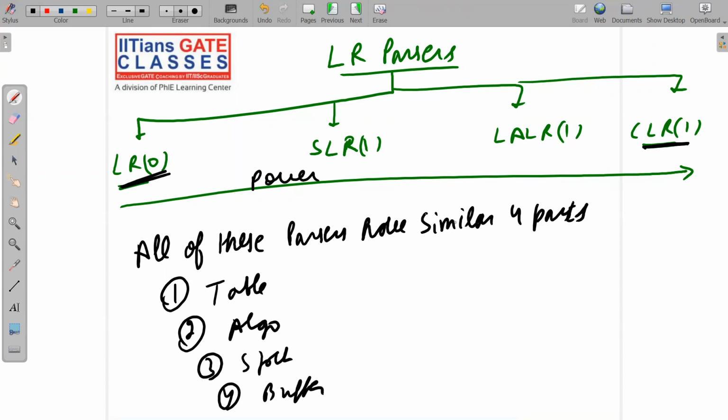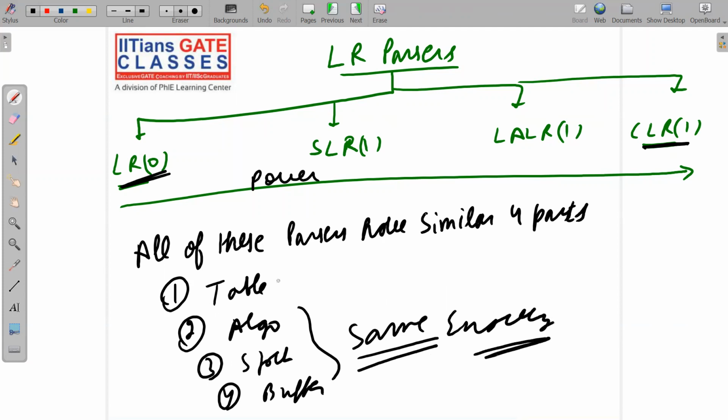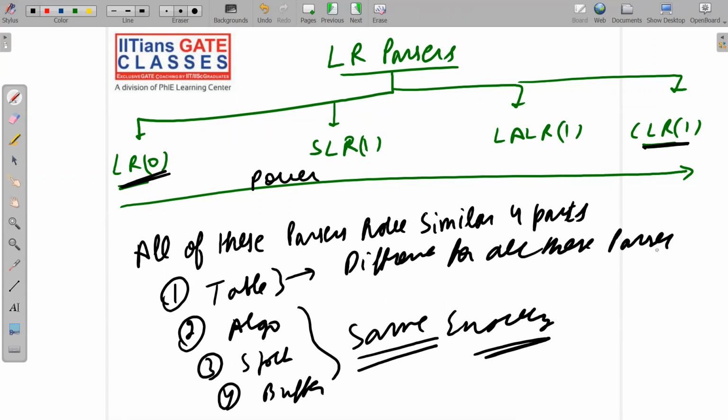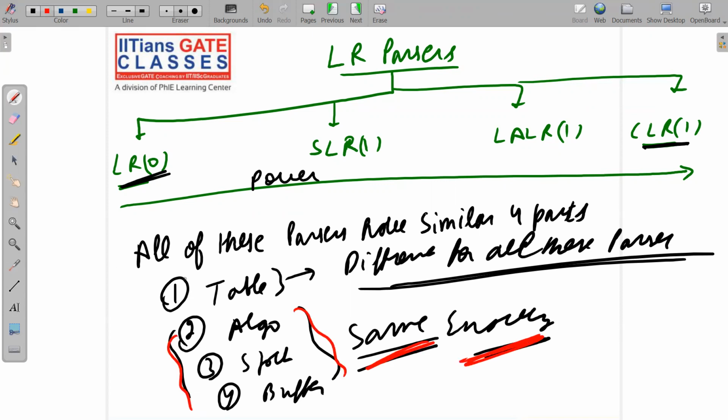These three parts are exactly the same. The only difference is in the table. The table is different for all these parsers. These three parts are exactly the same. The difference is in the table only.